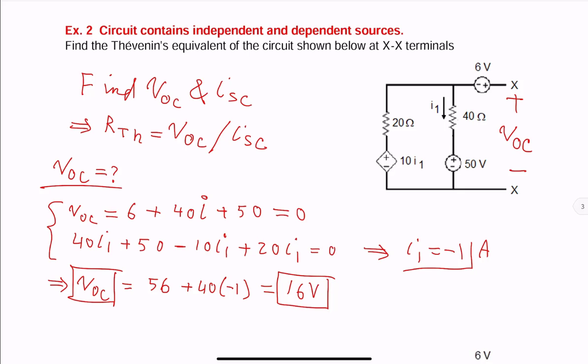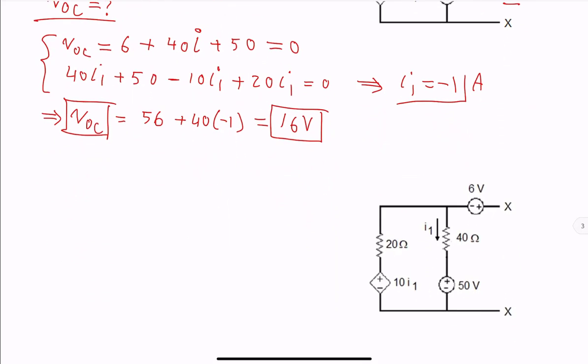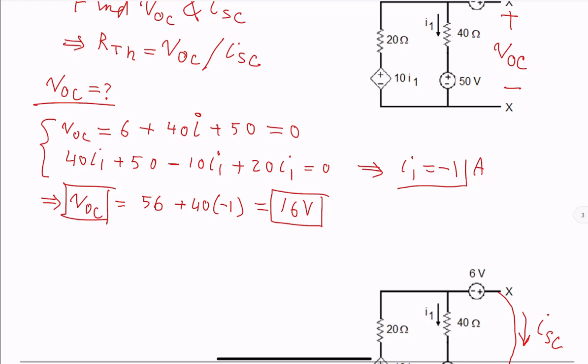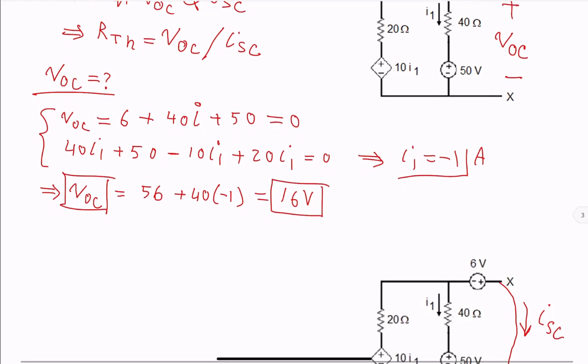What we need next is short circuit current. So looking at the circuit, short XX terminals, make sure you take short circuit current going down. Compared to VOC, we want to go from positive to negative, from top to bottom.